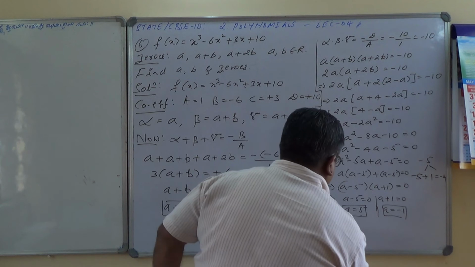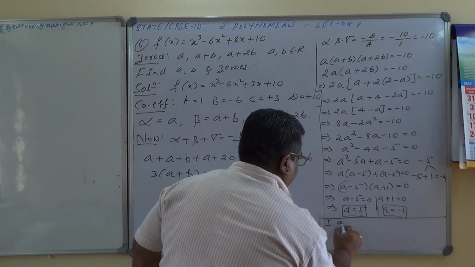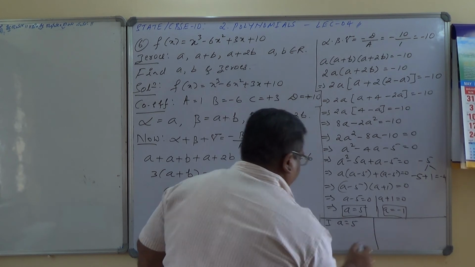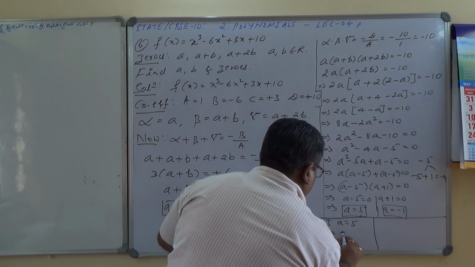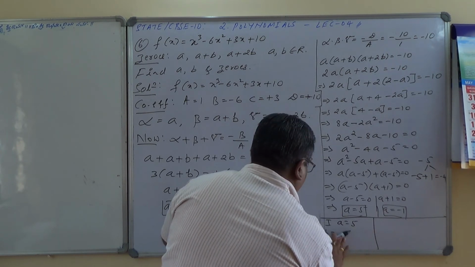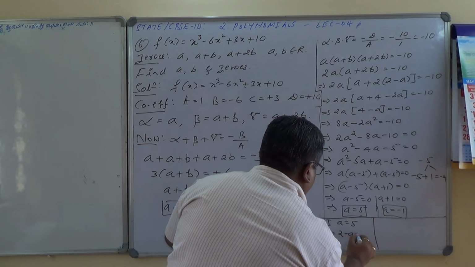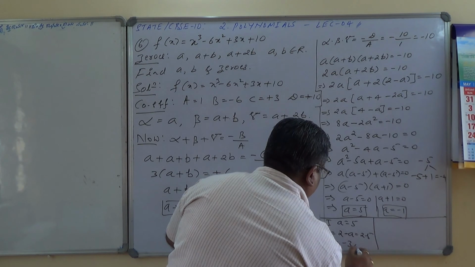So I am writing here, listen carefully. Case 1, a equals 5. If a equals 5, then b equals 2 minus a, 2 minus 5, b equals minus 3.